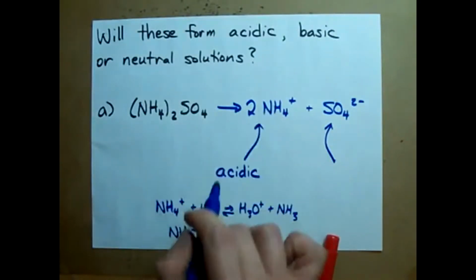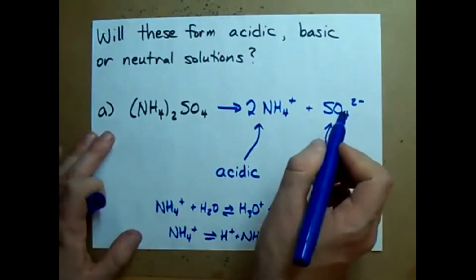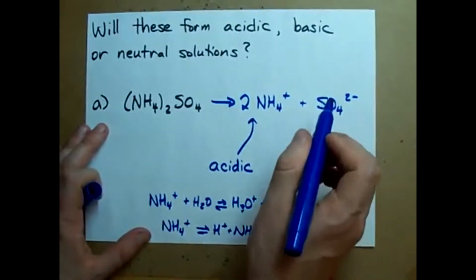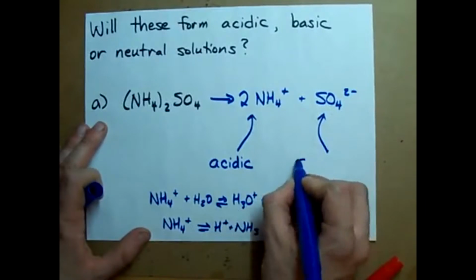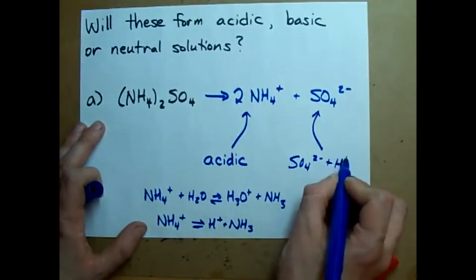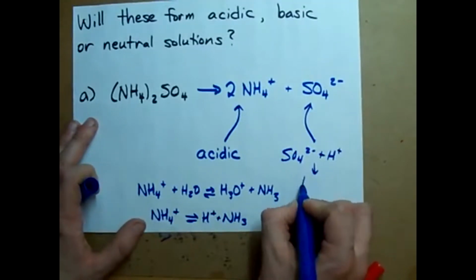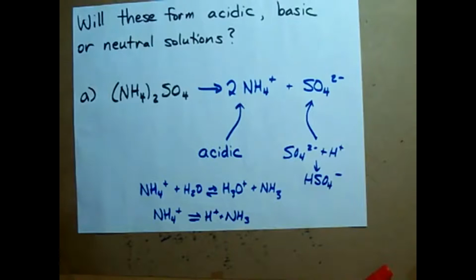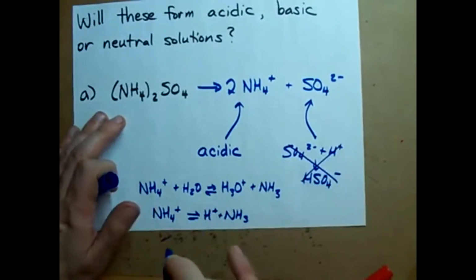That makes it acidic. This here is basic because it can accept a proton. See? SO4 2- can accept a proton to make HSO4-. The trick, though, is that that doesn't happen.